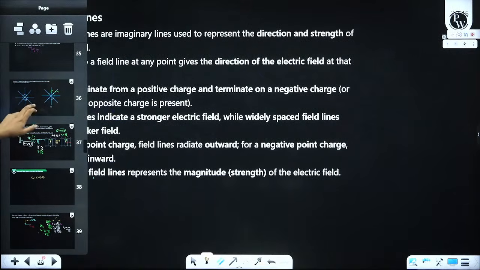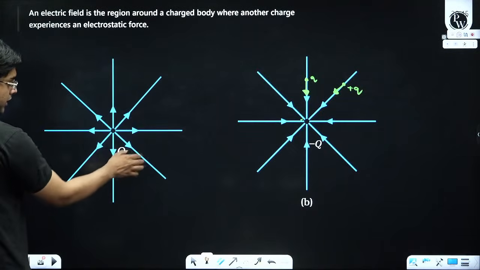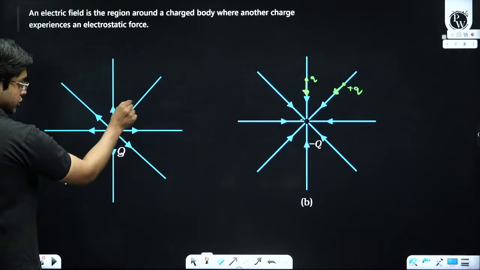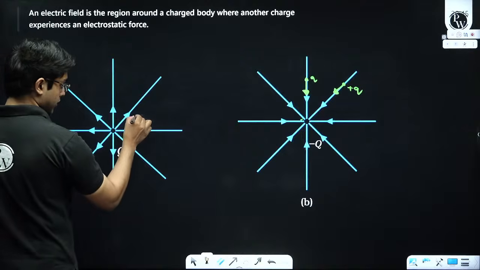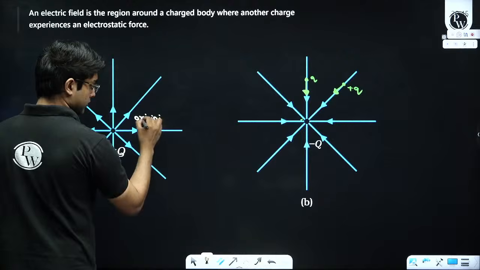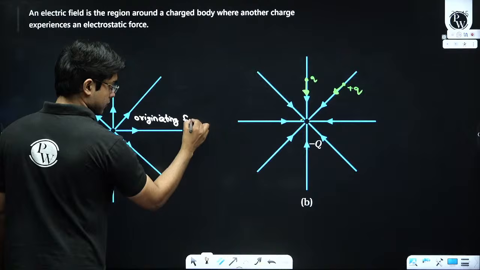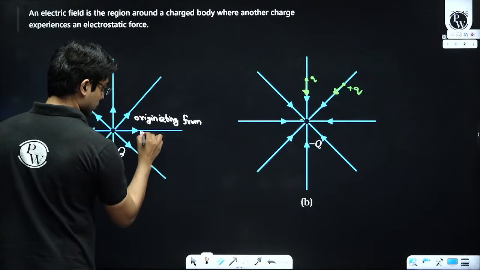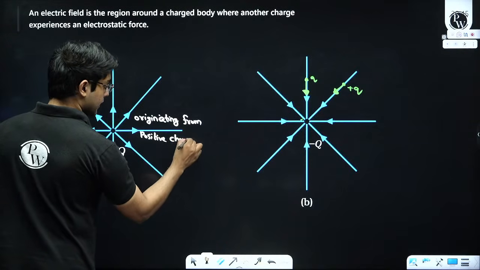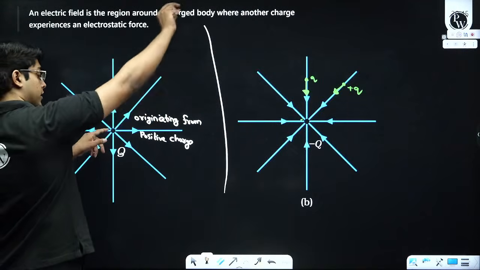For the positive charge, as you can see, the field lines originate from the positive charge, but there is no negative charge to terminate on, so they go off to infinity.